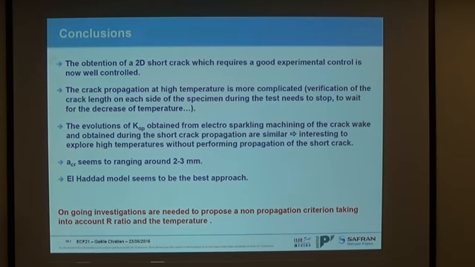So we have to put the specimen in the furnace to propagate, to see the evolution of the DCPD, and then to remove it from the furnace to measure the crack length with a microscope and to put it back in the furnace.